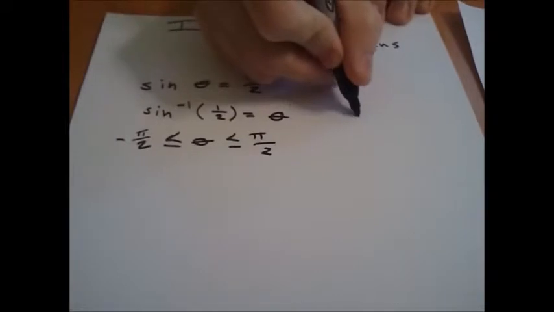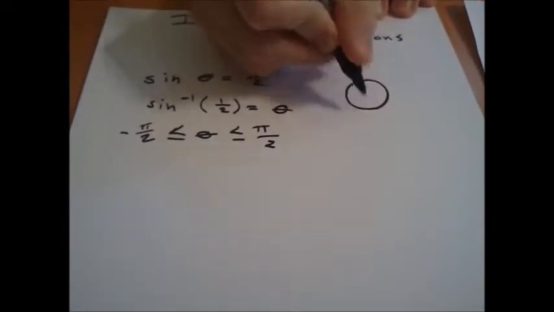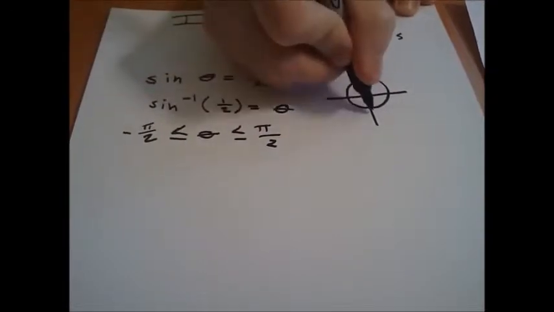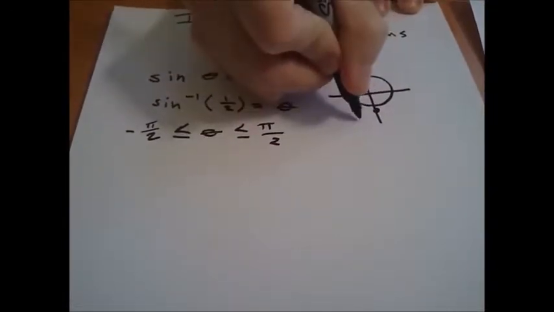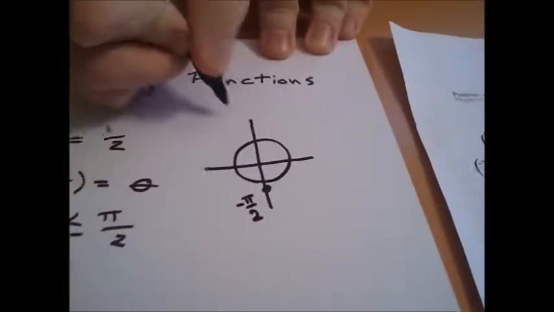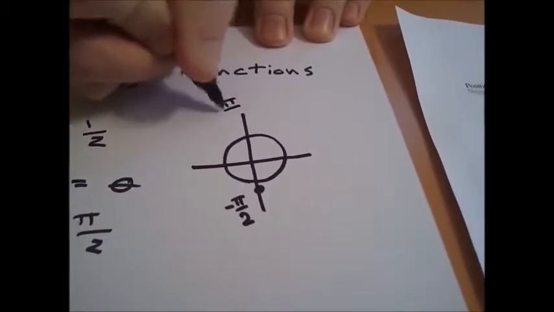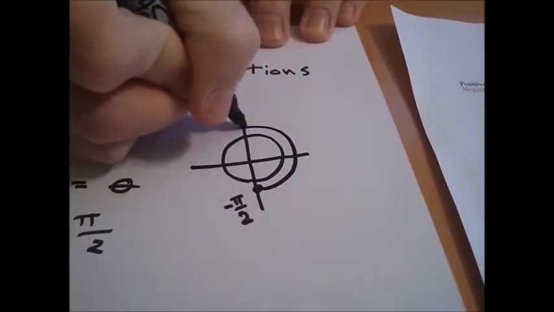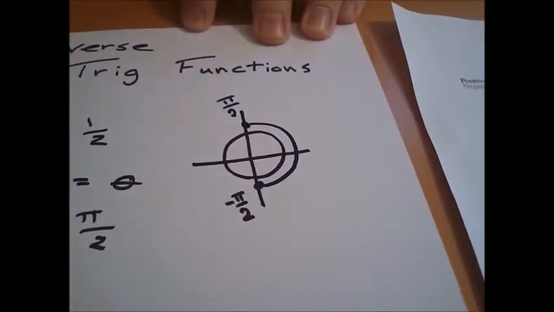So we can see that graphically, our answers are going to be on the right-hand side of the unit circle. They're going to be somewhere from down here, which is negative pi over 2, all the way up to pi over 2 on top. They're going to be somewhere over here.